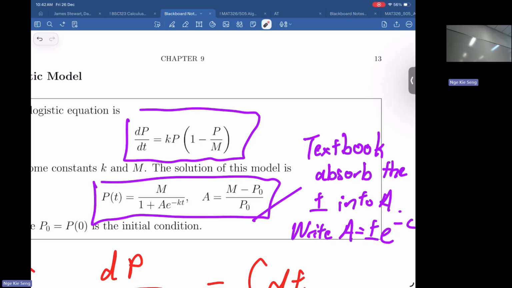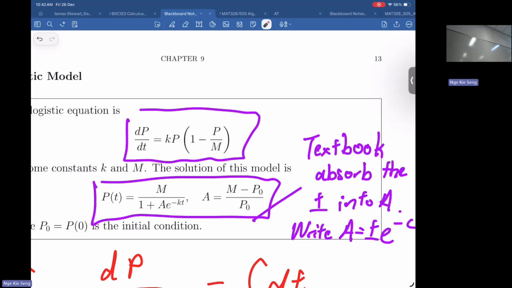If you ignore this one, you divide by e to the kt, it's just e to the kt. You understand? So it's just a shifting of the previous solution. But there's an M contribution. It's very similar to what we had just now, actually.